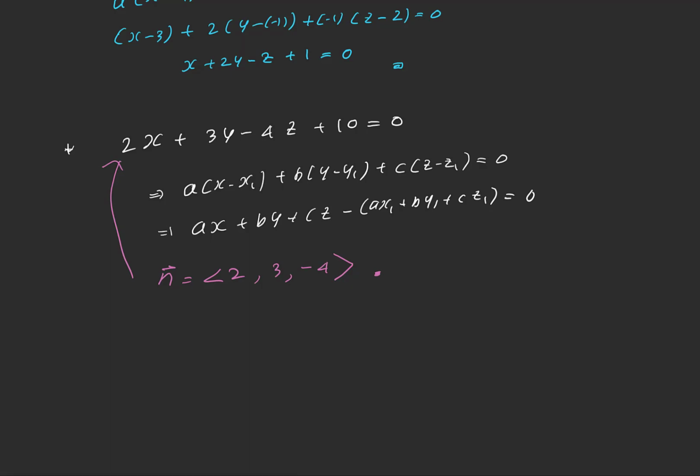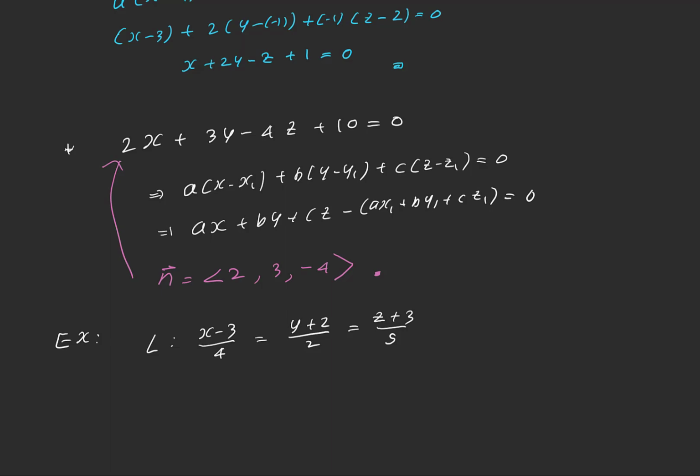My next example, there is a line. I say L: (x minus 3) over 4 equals (y plus 2) over 2 equals (z plus 3) over 5. So this is a line.